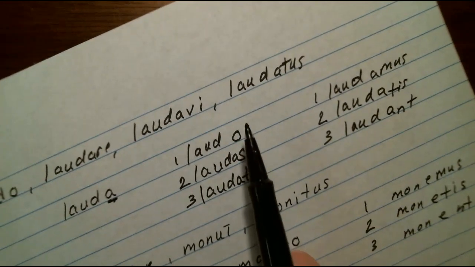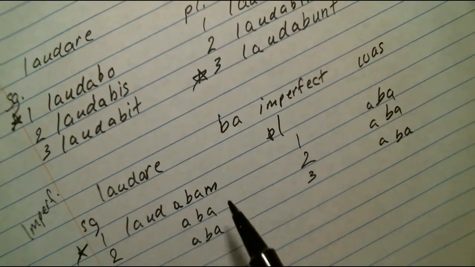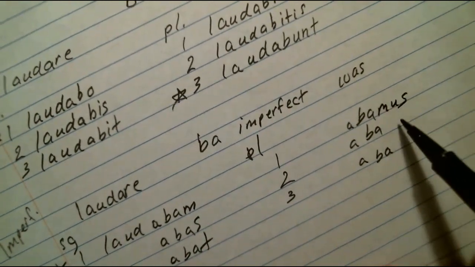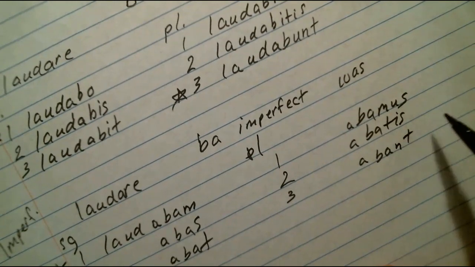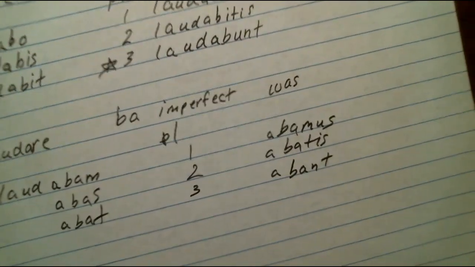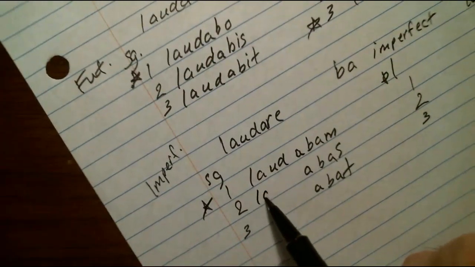The only thing that's different here is the o. We're using the m instead. So everything else is as you would expect: s, t, mus, tis, nt. And now the a with an n is perfectly okay. So that a can stay as it is.